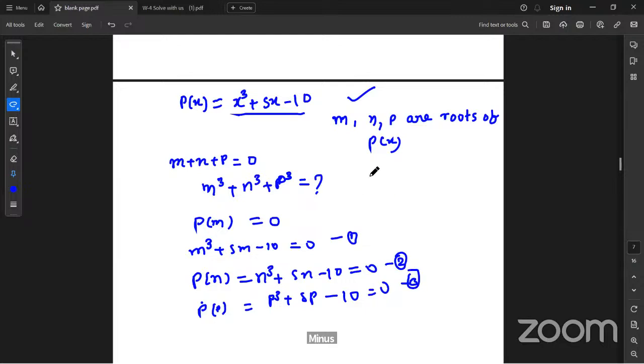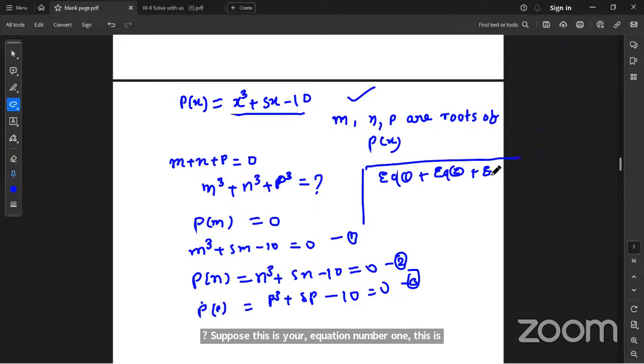Add all the 3 equations. Equation 1 plus equation 2 plus equation 3. What will you get? m cube plus 5m minus 10, plus n cube plus 5n minus 10, plus p cube plus 5p minus 10.